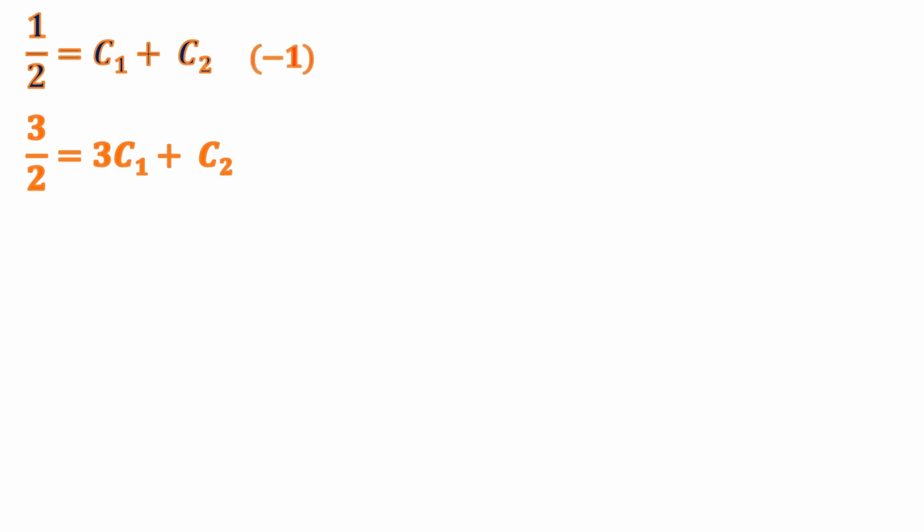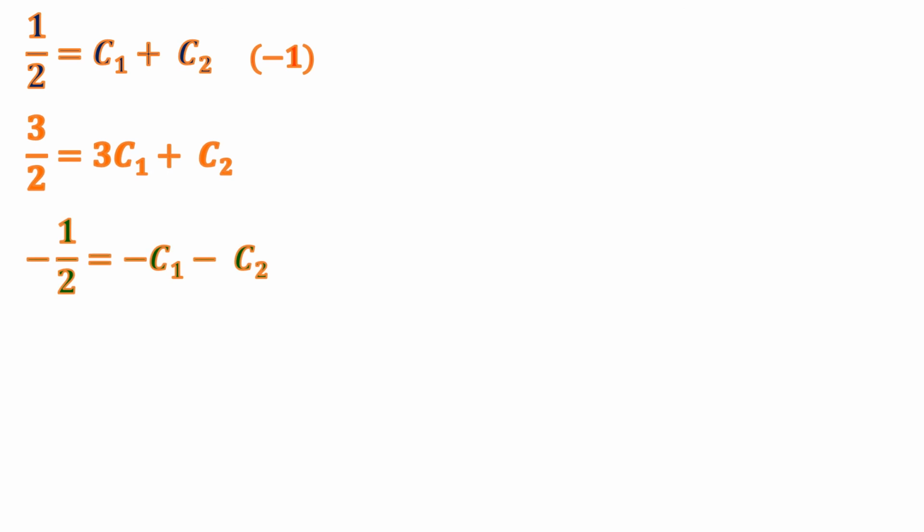So let's have the equations that we were able to come up with: 1 half equals c1 plus c2 and 3 halves equals 3c1 plus c2. I want to remove the c2, so I'm going to multiply one of the equations by negative 1. I'll just choose the blue one.